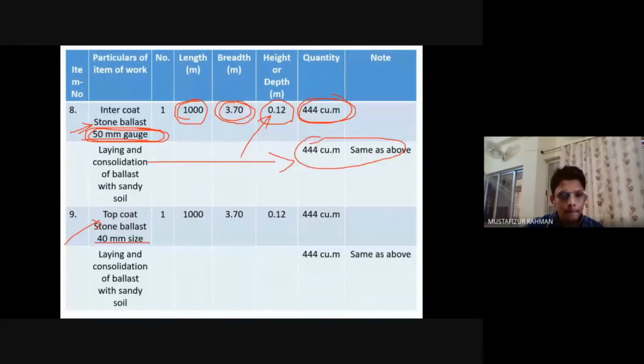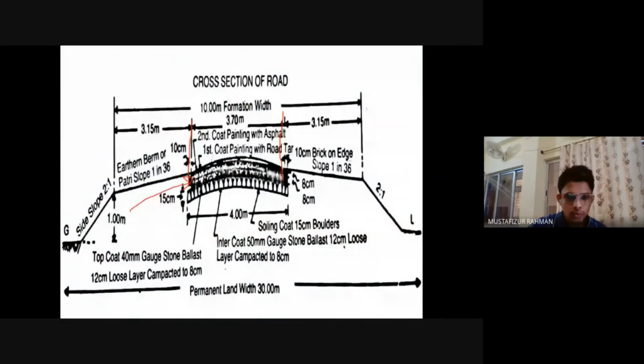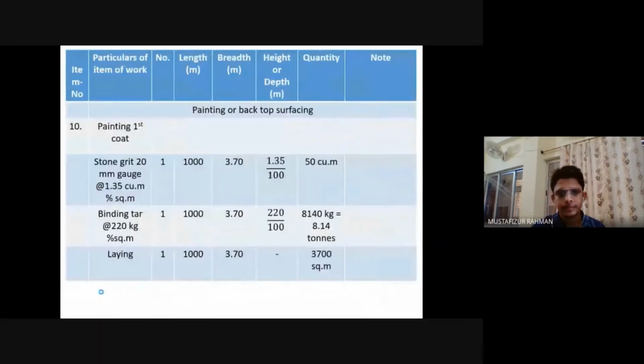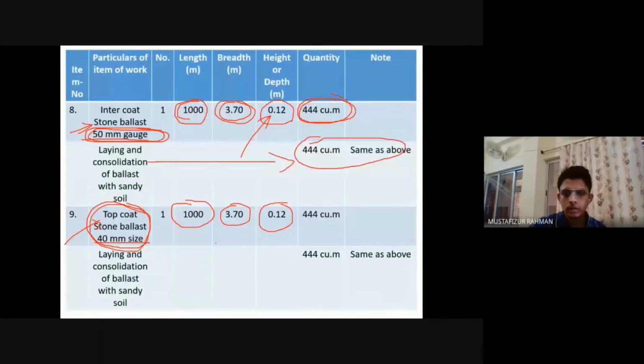Then on the top coat, we will have stone ballast of size 40. Everything is the same: length, breadth, and height, because it is also mentioned here that the top coat is also to be a 12 centimeter loose layer, then compacted to 8 centimeter. Fine. So we get the same value.